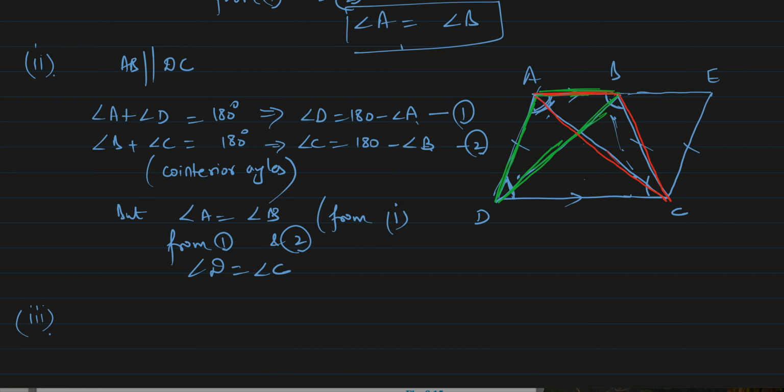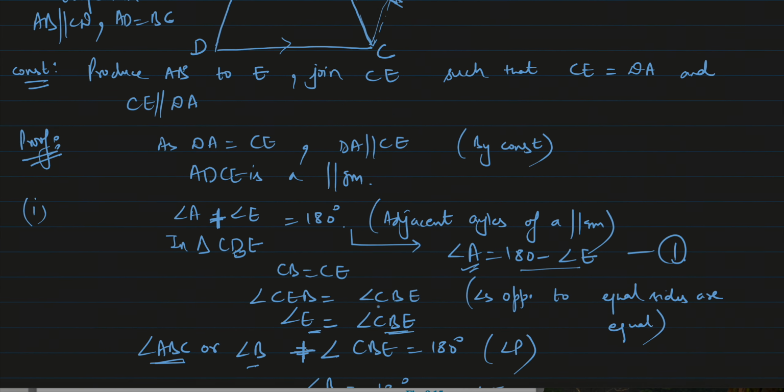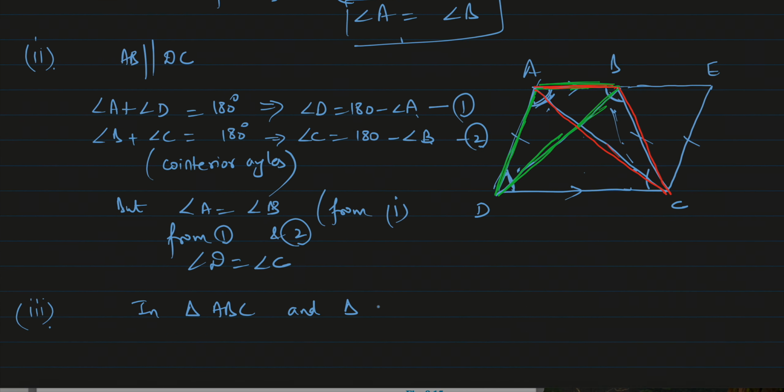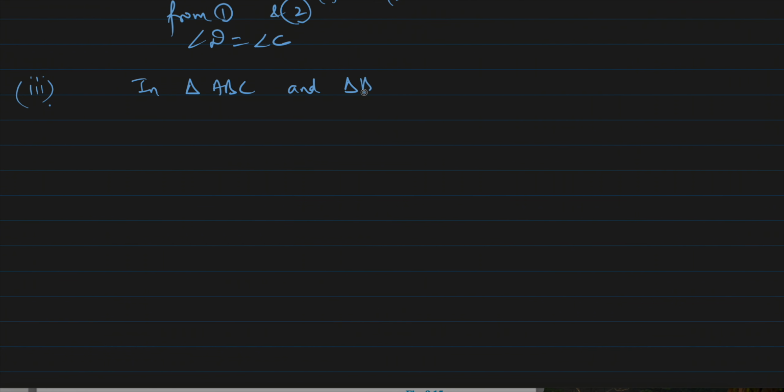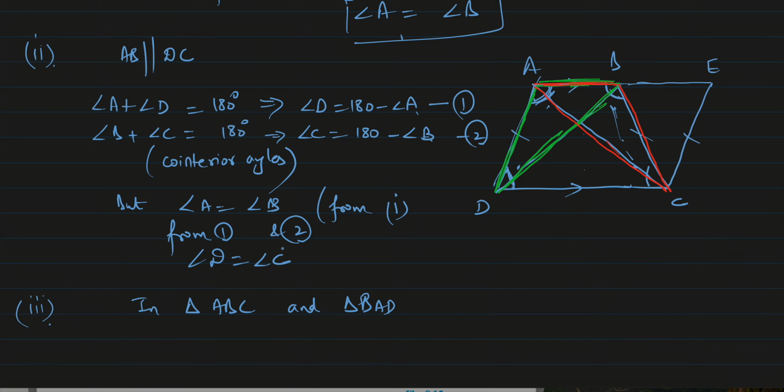Okay. Now in triangle ABC and triangle, which other triangle have they taken the name as? BAD. Okay. BAD. So now students, what do you see here? Think for a minute and then proceed. Here, from the name also, if you check, AB, BA, you see there are two colors overlapping each other.